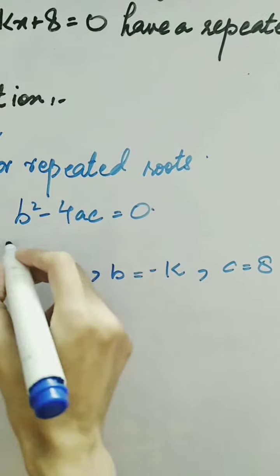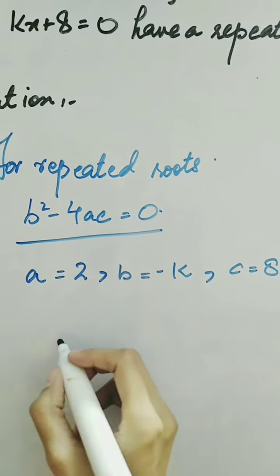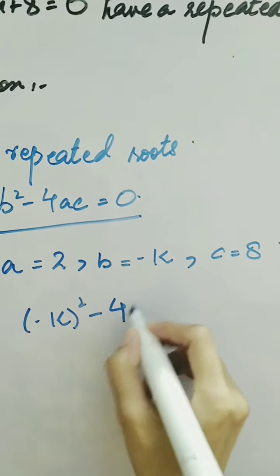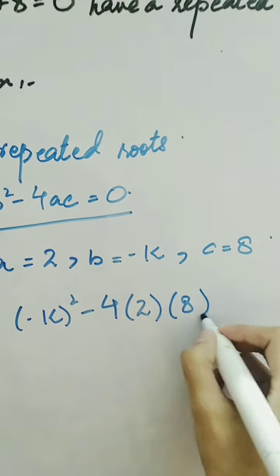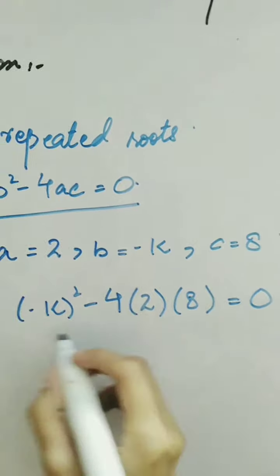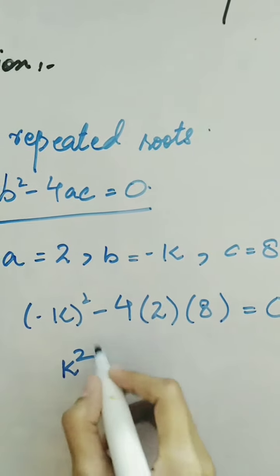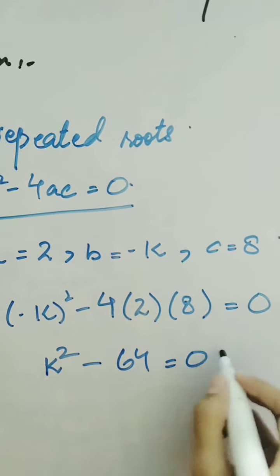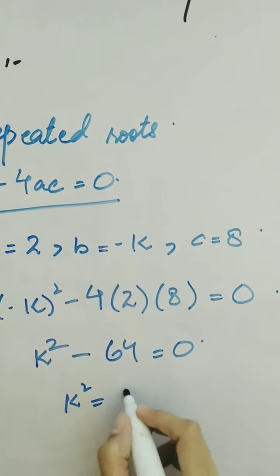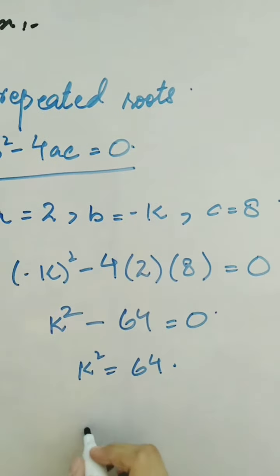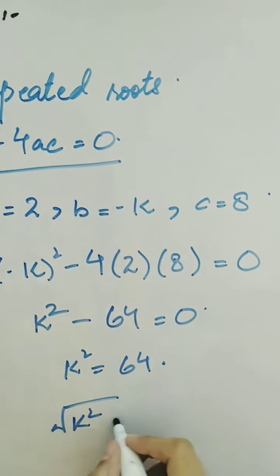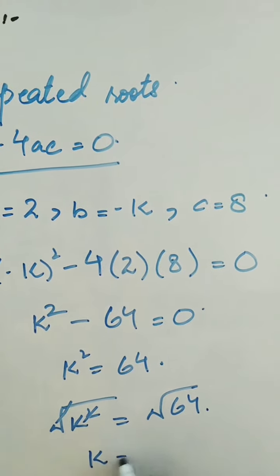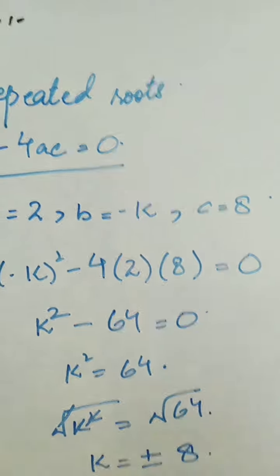Now putting these values in the discriminant, we have (−k)² − 4 × 2 × 8 = 0. The minus and minus become positive, so k² − 64 = 0. So k² = 64, or if we take the root on both sides in order to remove this square, we have k = ±8.